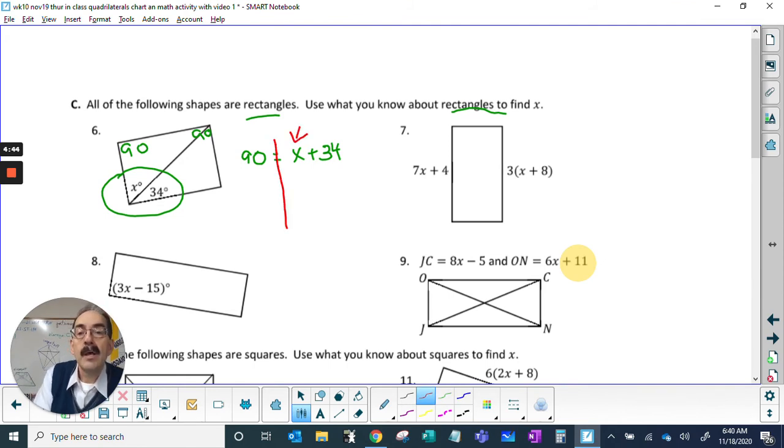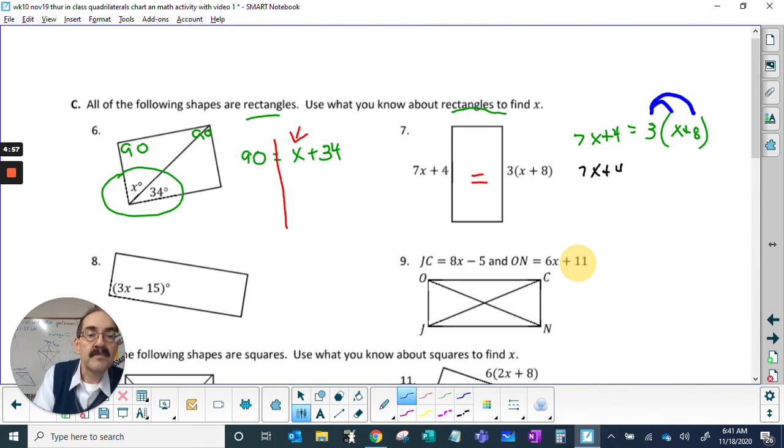Rectangle. We know that those sides are equal. Okay? So 7x plus 4 equals 3 times x plus 8. This one's got a little twist. Make sure you distribute. Once you distribute it, 7x plus 4 equals 3x plus 24. Draw your fence, solve. Okay?